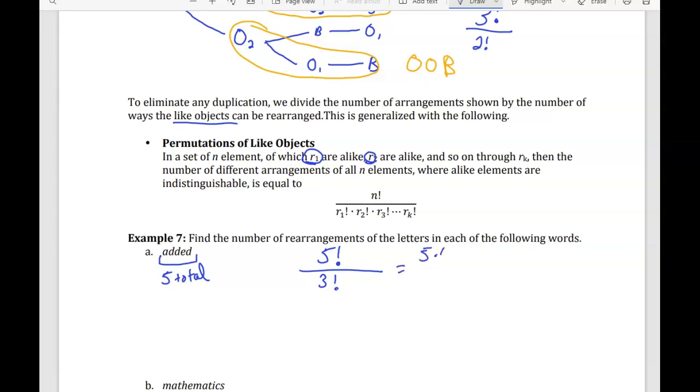So that's going to be 5, 4, 3, 2, and 1, and then I have 3, 2, and 1. So those will simplify out, leaving me with a 5 and 4. So technically, I only have 20 different ways that I can arrange the letters of added that are not repeats of each other, that are not duplicates.